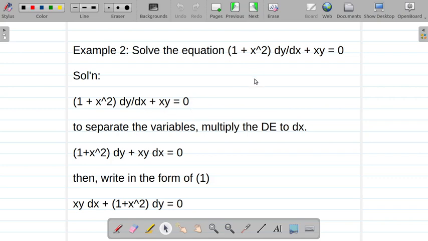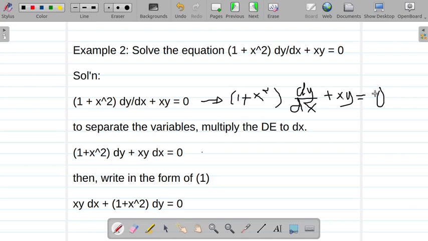So, we can rewrite this to make it easier to understand: 1 plus x squared dy over dx plus xy is just equal to 0.